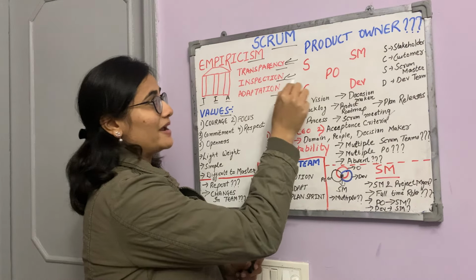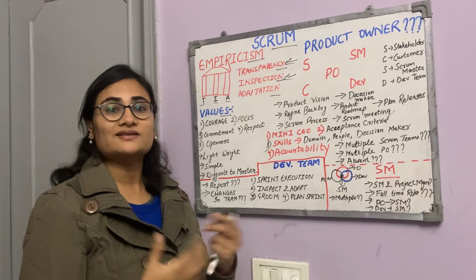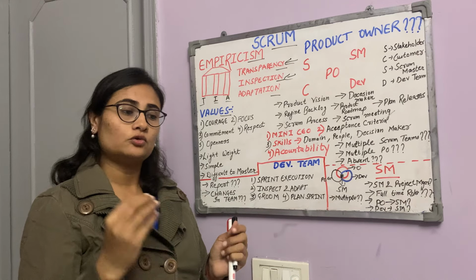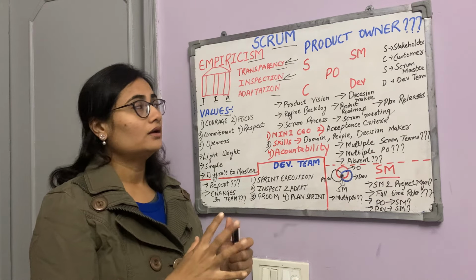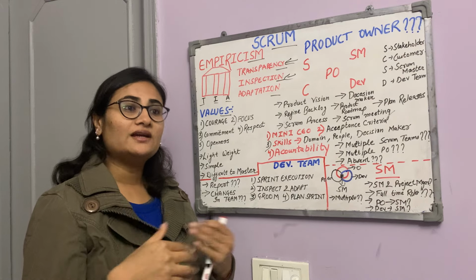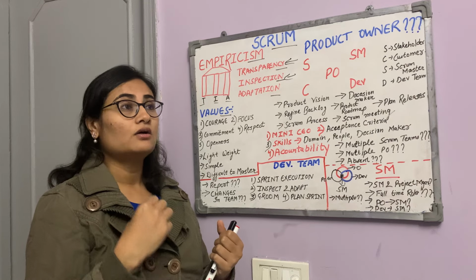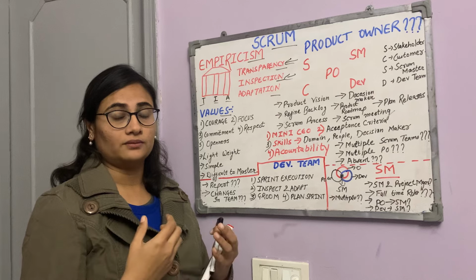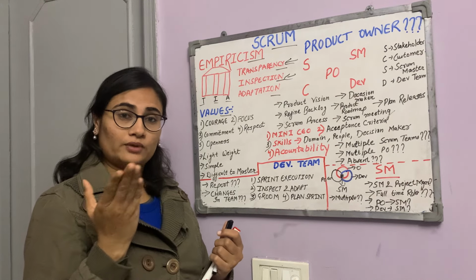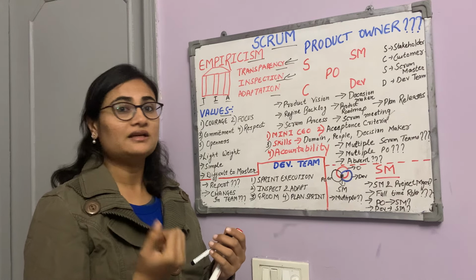Now coming to inspection, the second pillar of Scrum. What inspection says is, the role of the entire Scrum team is to achieve the sprint goal. In order to achieve the sprint goal, it becomes very important for the product owner, the Scrum Master, and your senior development team members to actually investigate and always inspect the work which the team is doing.